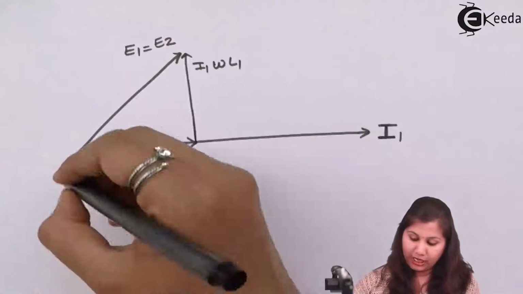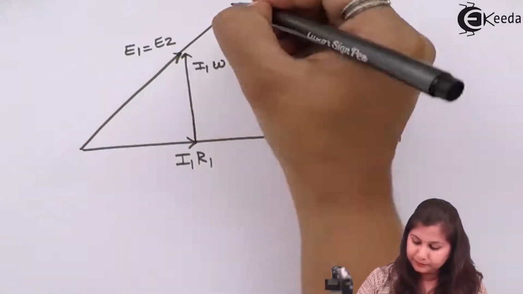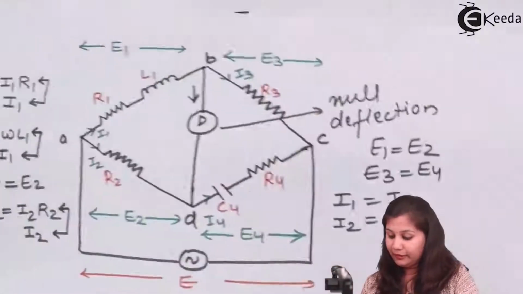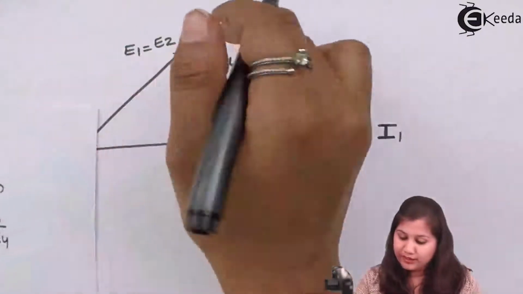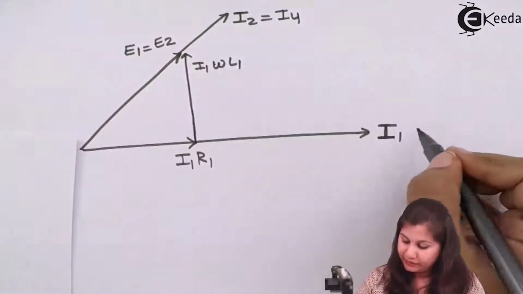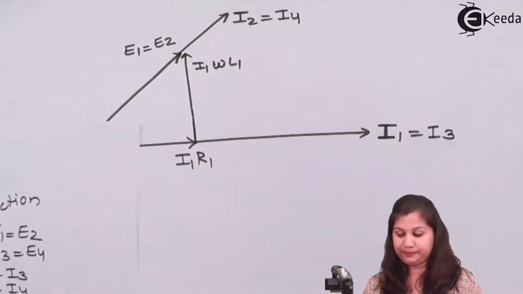So the current I2 will be drawn on the same line. And we have written here that this current I2 is equal to I4, so this phasor is also for the current I4. And the I1 current is equal to the I3 current.